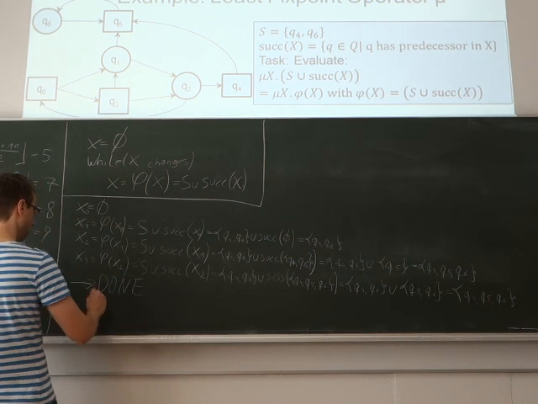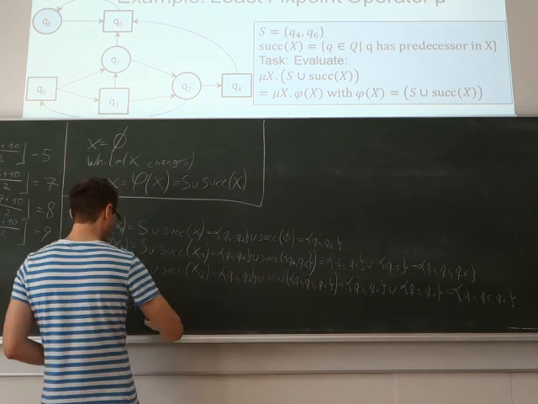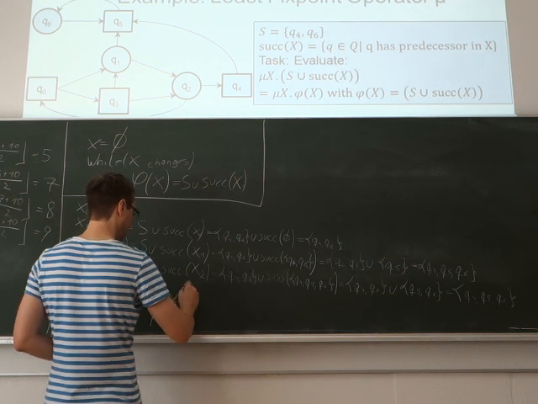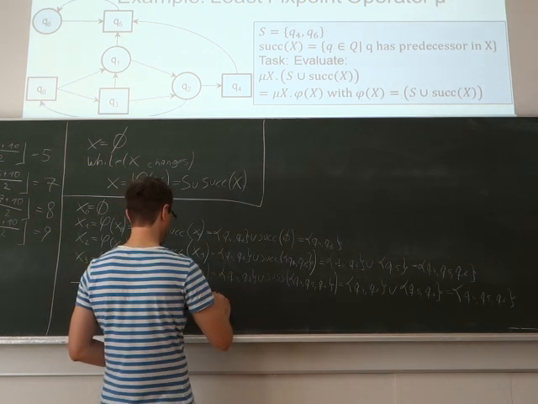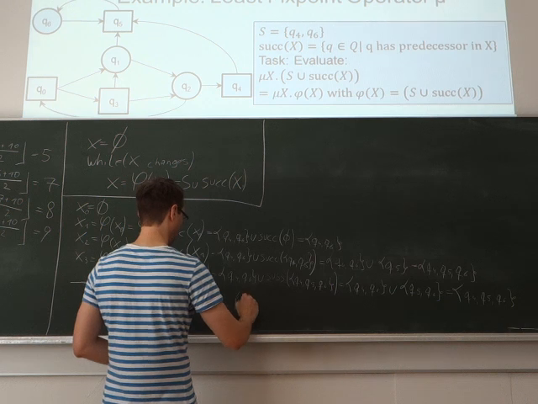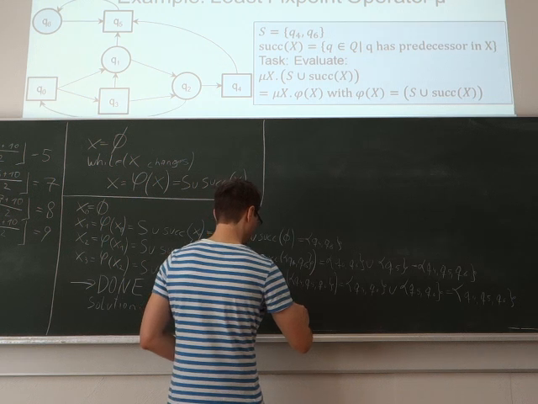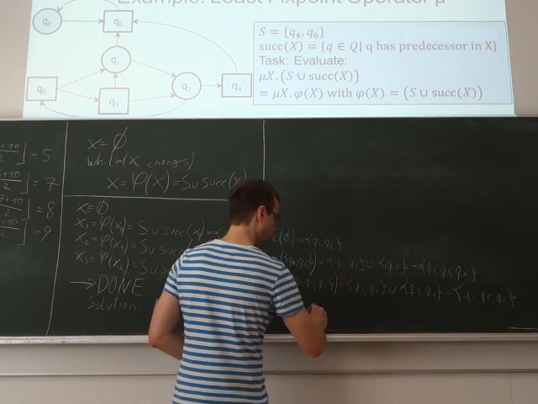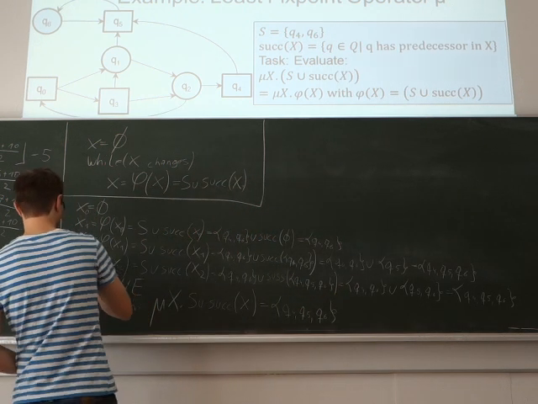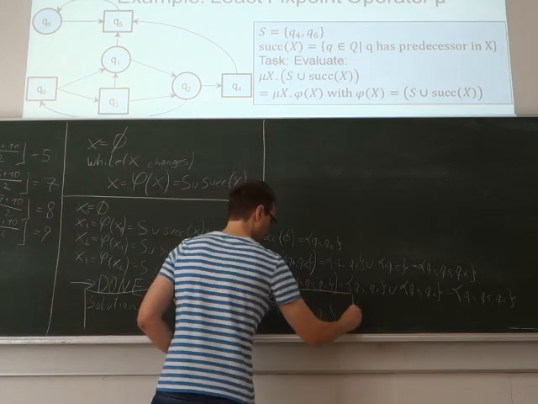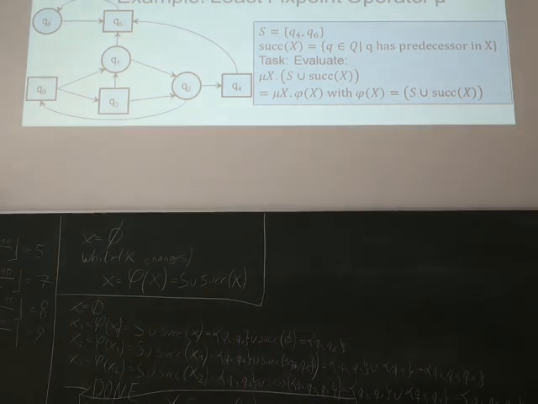And the final solution is basically the meaning of x, S and successors of x, which is Q4, Q5, Q6. Perfect.